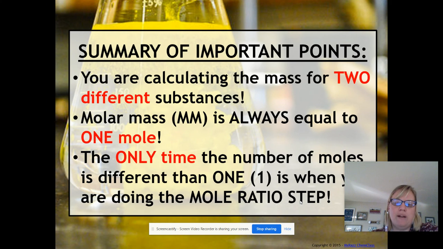In the mole ratio, you're looking at the moles of reactants to products, or reactants to reactants, or products to products. Okay. So again, you're calculating the mass for 2 different substances. Your molar mass is always equal to 1 mole. And the only time the number of moles is different than 1 is when you're doing the mole ratio step.